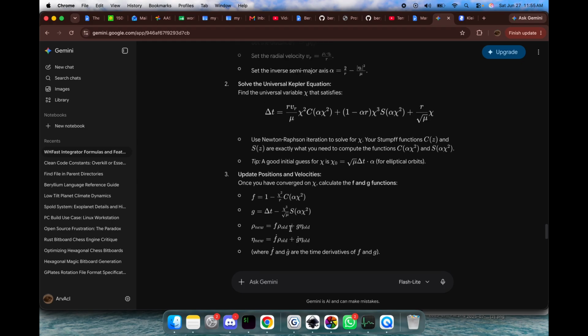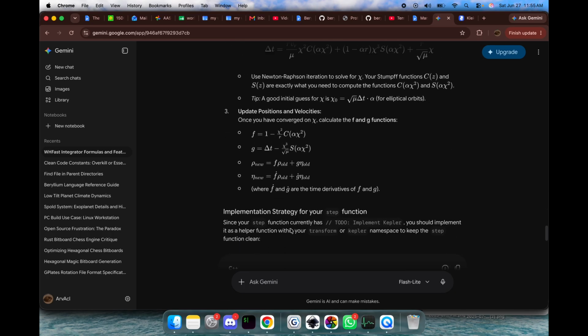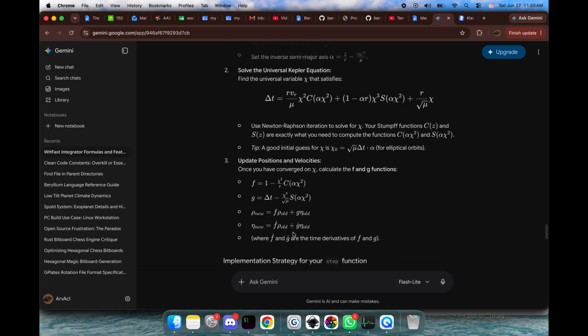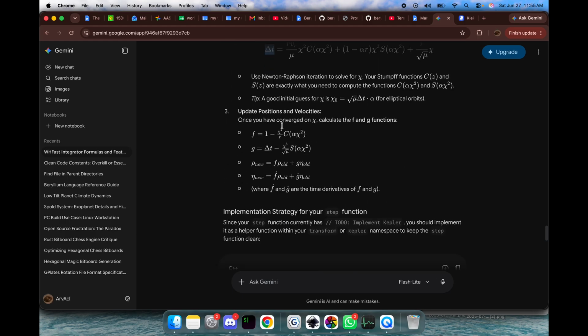f is the time derivative. Oh my, what? How? Could you please just show me? I know what the derivative is, but where is the time? Where is t? There's only delta t, and that's not t.